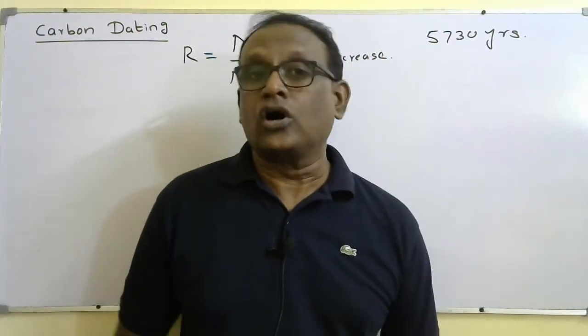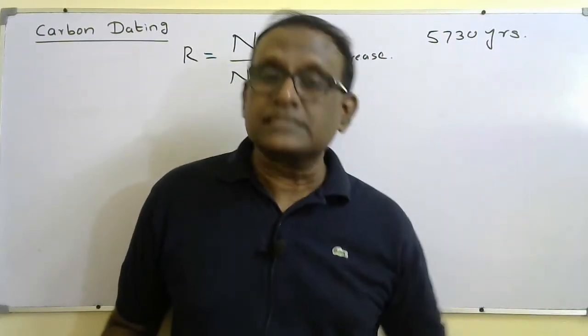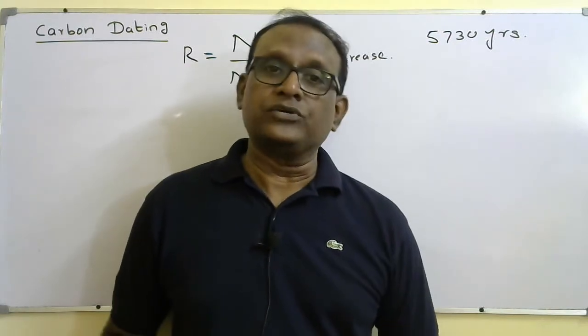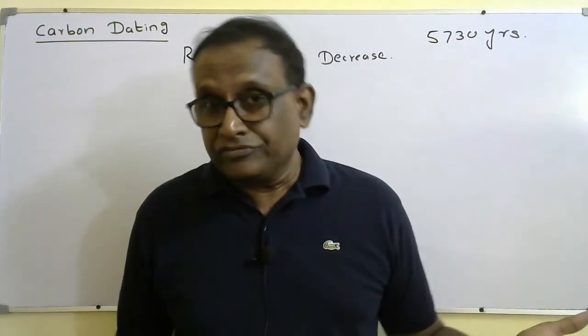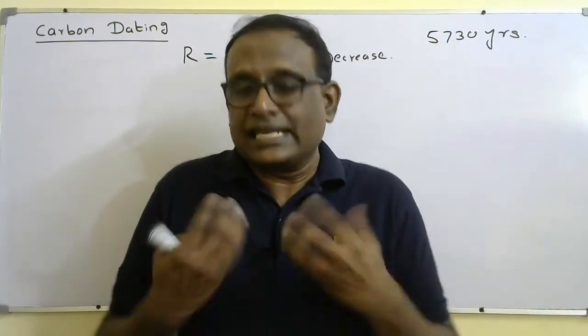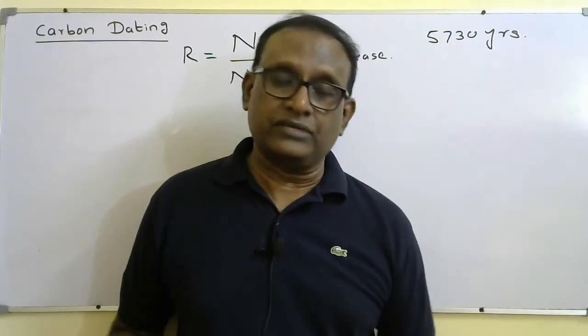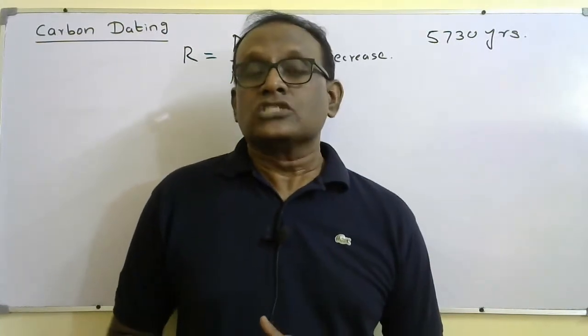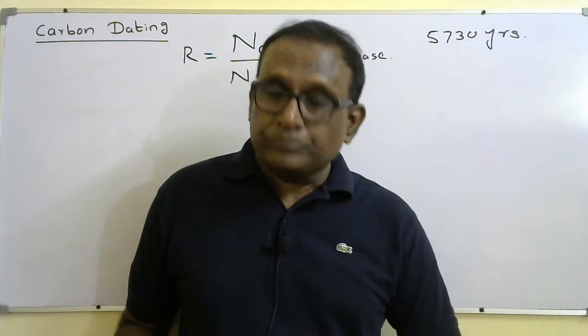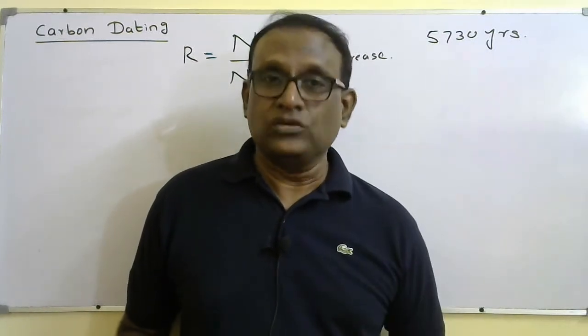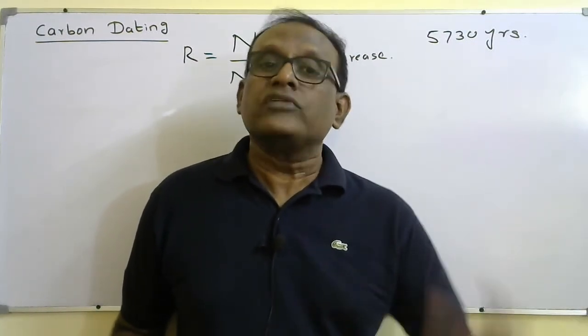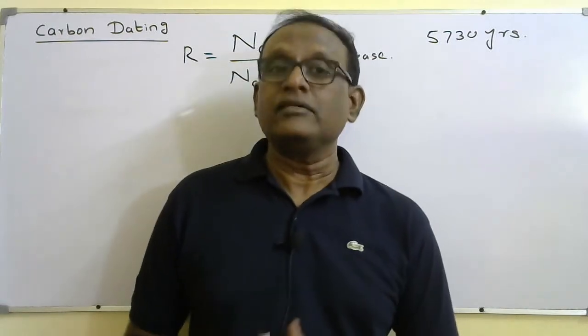But it might be a wrong assumption, because in the past the ratio of carbon 14 to carbon 12 in the atmosphere could be different. But we need to at least find some value for the age of the sample. So in a similar type of currently living organism, we find the ratio of carbon 14 to carbon 12 using a chemical method.